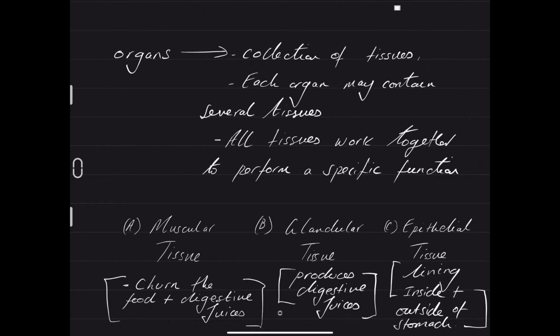So epithelial tissue, these are the tissues that line the inside and the outside of the stomach. Now, just a point about the epithelial tissues. If you find it difficult to understand what epithelial means, epithelial generally refers to something being the outermost part of a structure, either the surface part of a structure.